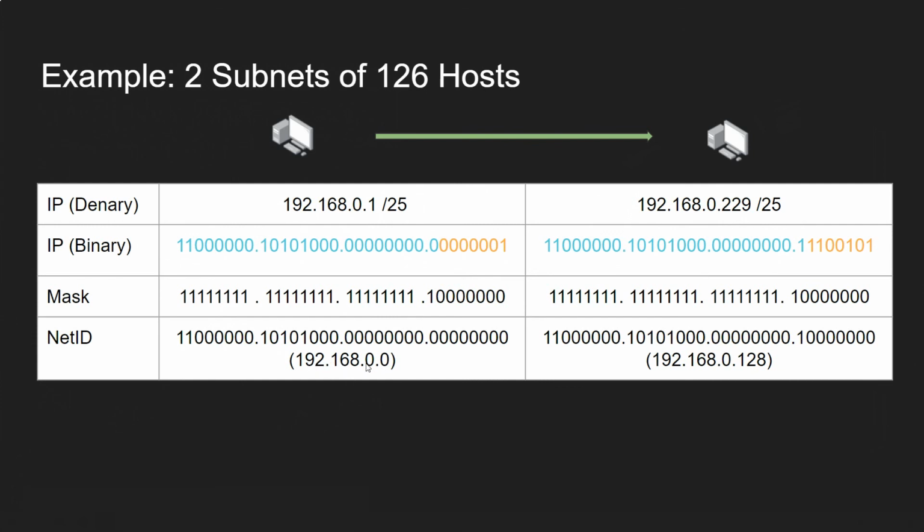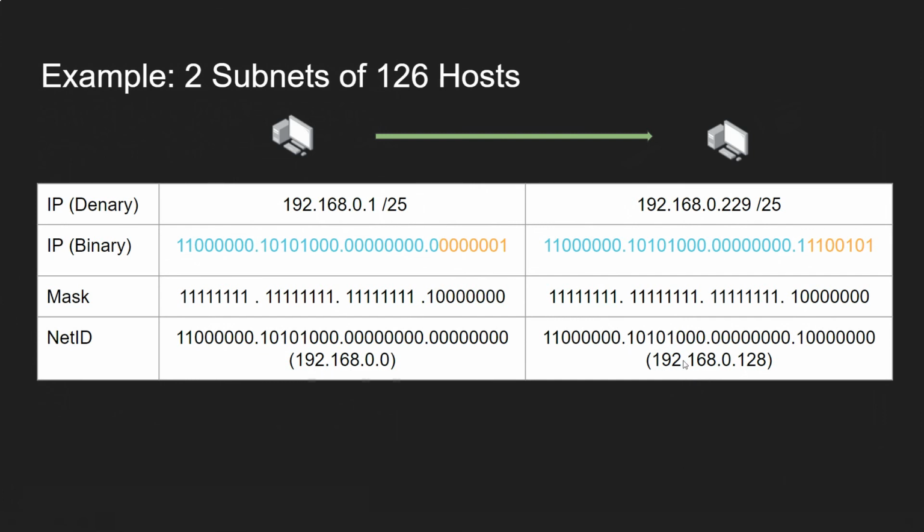But interestingly, with the higher number, because we've taken this last bit to be part of the network, the network ID of this IP address is 128 at the end, not 0. That's because we've kept this final 1 because of the extra 1 in our mask when we applied the logical AND. So we've subnetted our network.